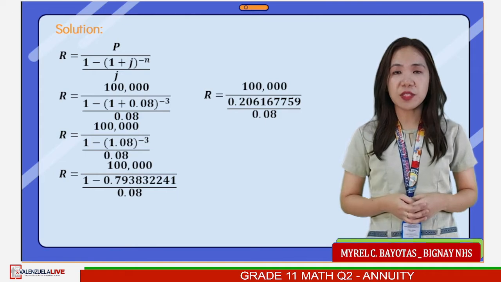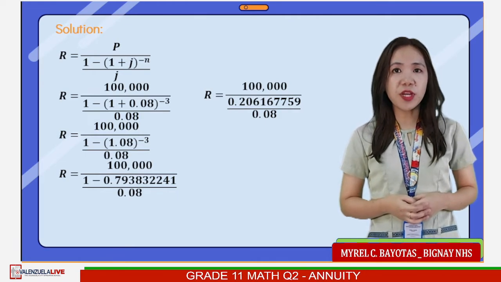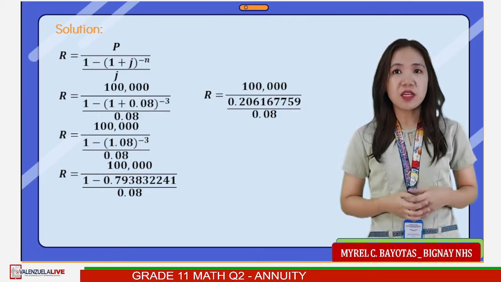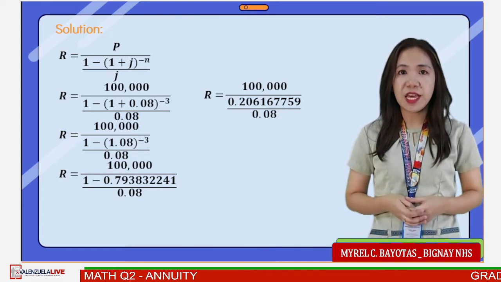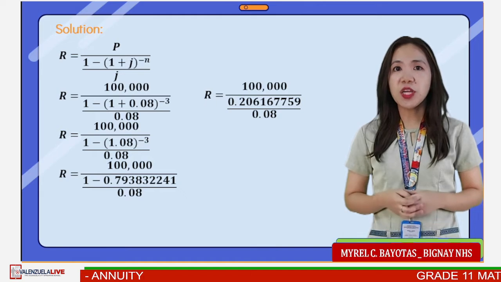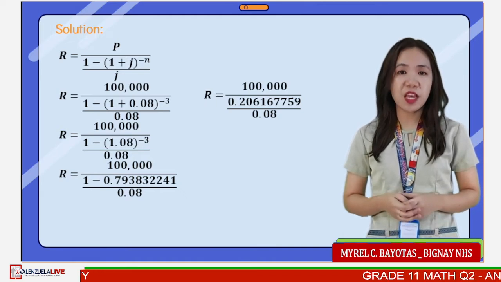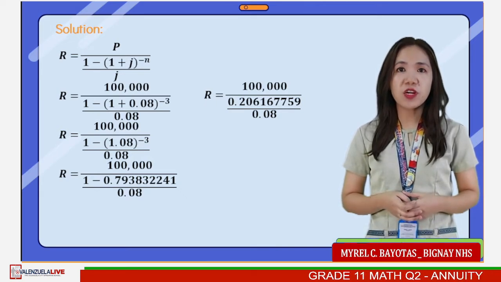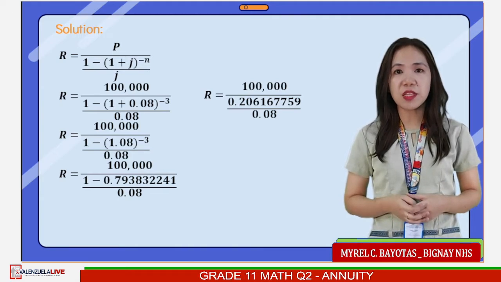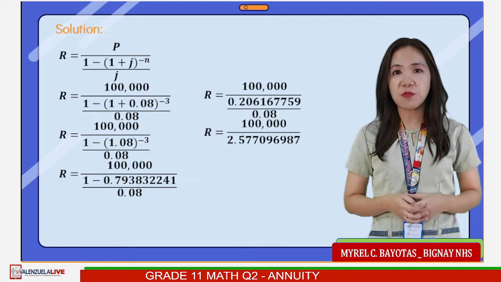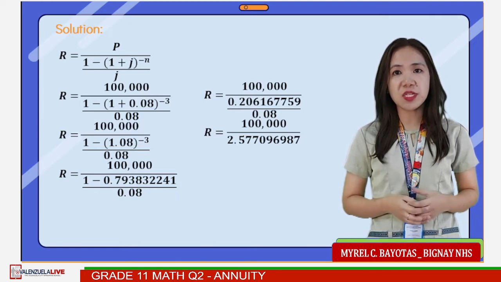R equals 100,000 over 0.206167759 over 0.08. Then divide 0.206167759 by 0.08. R equals 100,000 divided by 2.577096987.